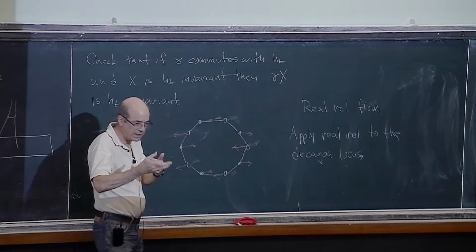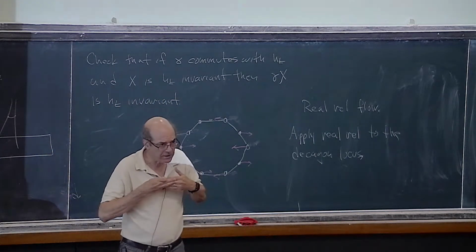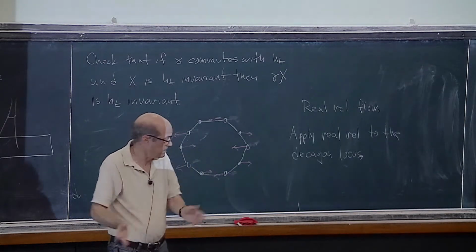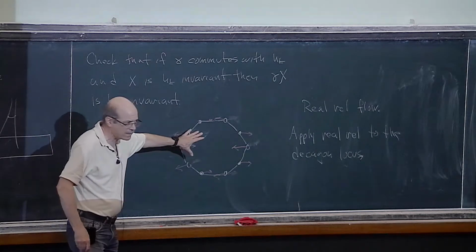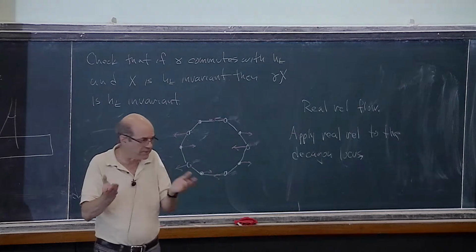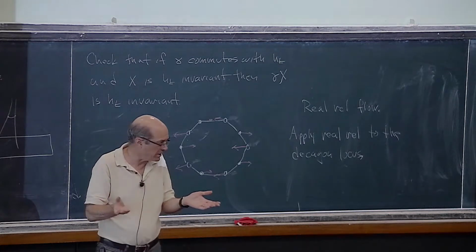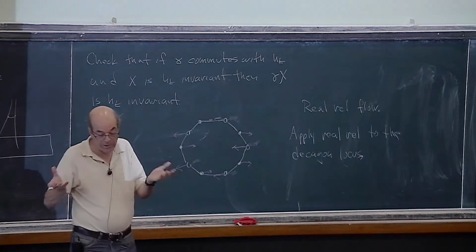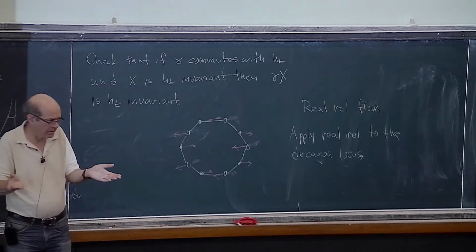So we've got an example of a flow which can't be defined for all time. If we apply this real-rel to the decagon locus, we get some kind of tearing phenomenon, which gives an orbit closure which is a manifold with boundary.